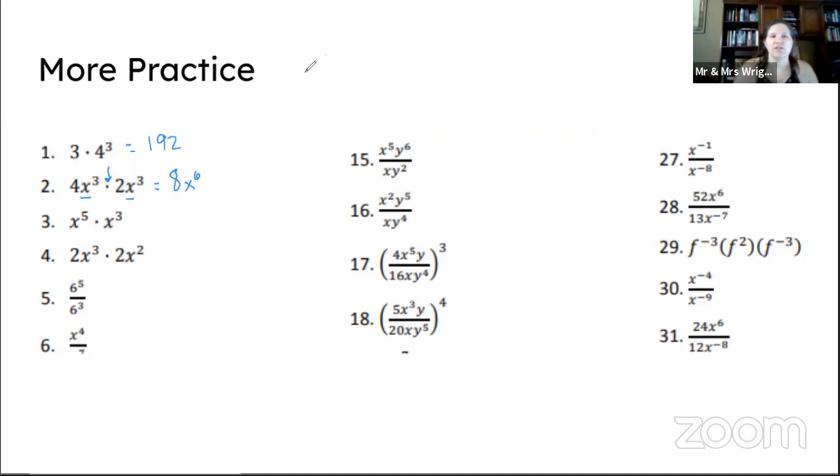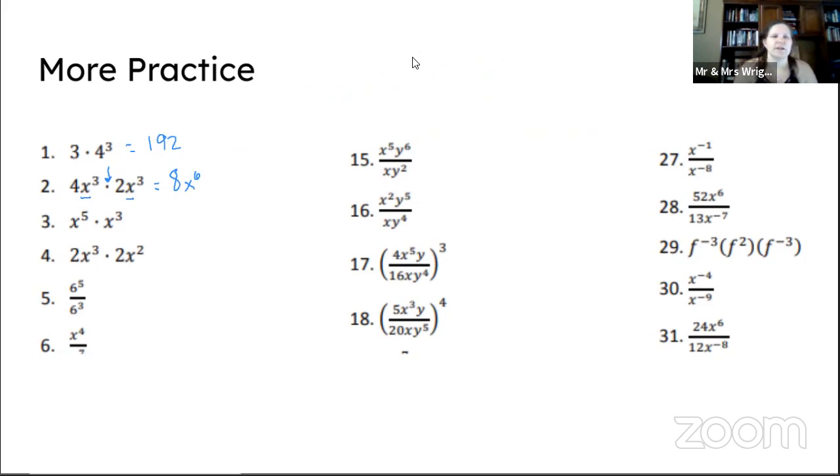But with multiplication, we can rearrange this: 4 times 2 times x times x times x, that's those x to the 3rd, times x times x times x, that's that other x to the 3rd. So it doesn't matter the order you put it in, and then you can just go ahead and do 4 times 2 to get your 8, and then count up all your x's to get your x to the 6th.